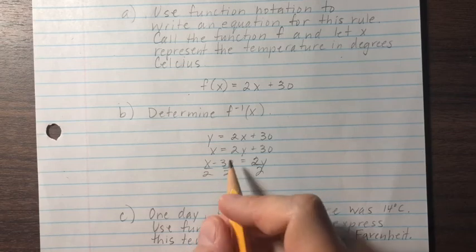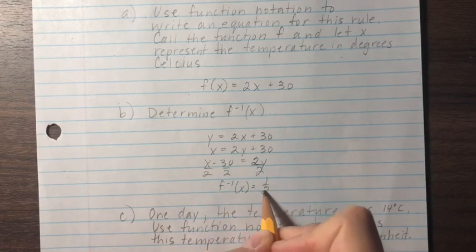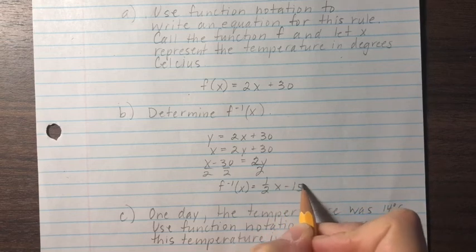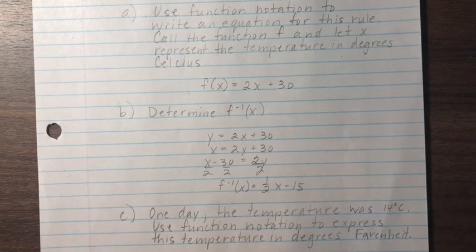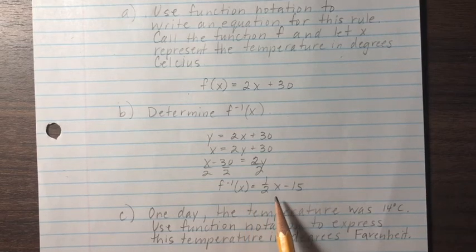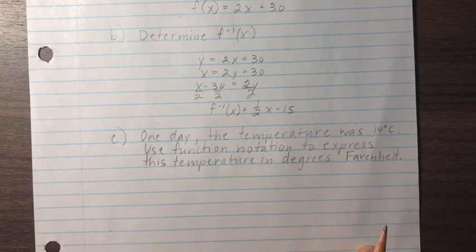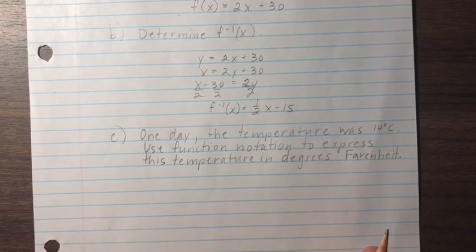And my inverse function will be 1/2 x - 15. So that means if I want to take the Fahrenheit temperature and convert it to Celsius, I take half of it and subtract 15.